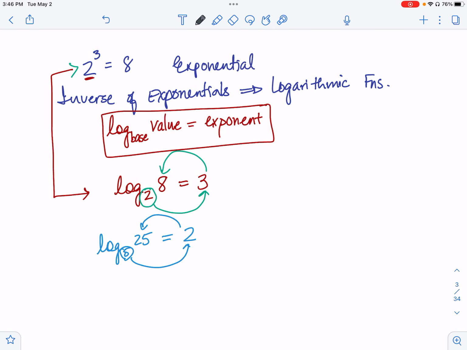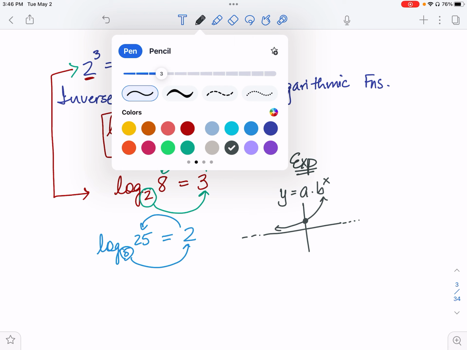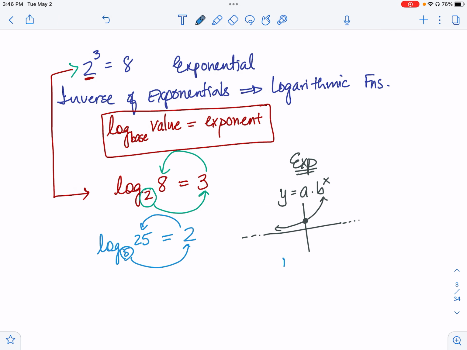In other words, if you recall exponentials from last time, y equals a times b to the power of x. The graph of exponential growth looks like this. The y-intercept is 0, 1. The horizontal asymptote sits at the x-axis. The domain of an exponential is all real numbers.